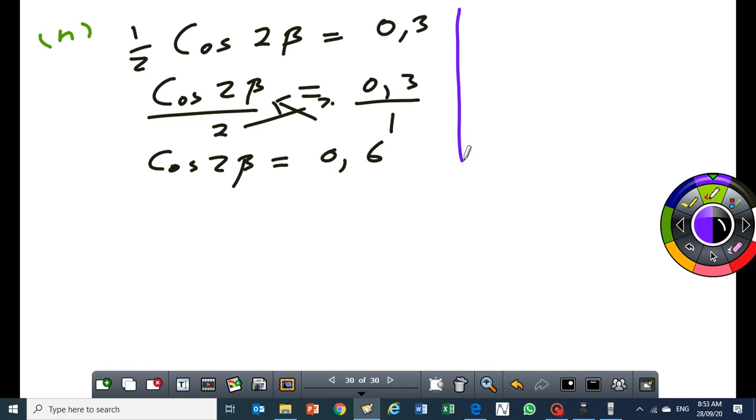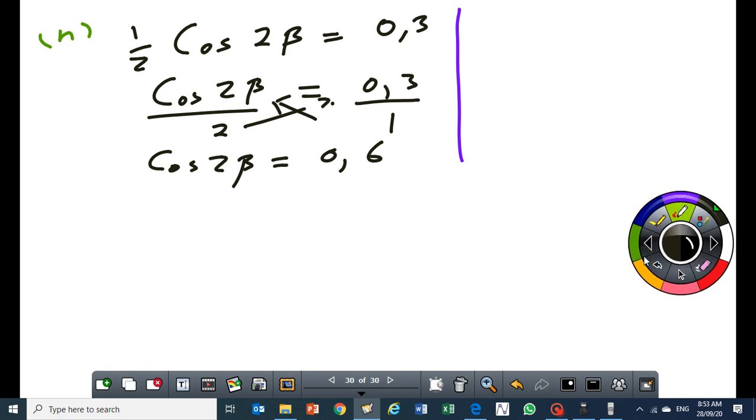From there, you could also do it another way, but allow me just to carry on here, then I'll do it the way that you're talking about. So from here, we end up having cos, sorry, let's move the cos to the right. So we end up having 2 beta is equal to shift cos of 0.6. What is shift cos of 0.6?